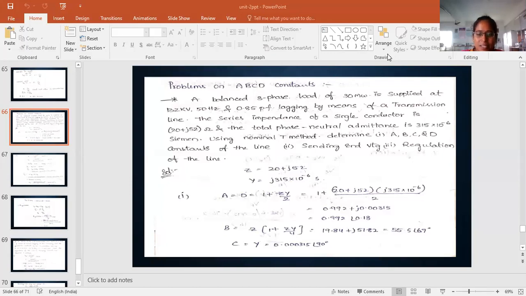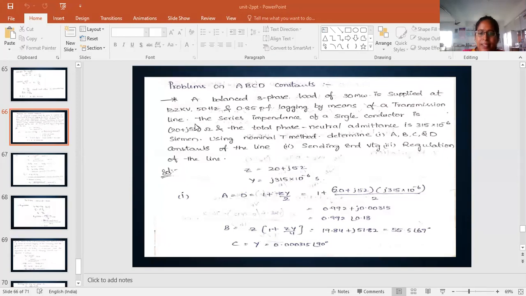First problem: a balanced three-phase load of 30 megawatts is supplied at 132 kV, 50 Hz and 0.85 power factor lagging by means of a transmission line.